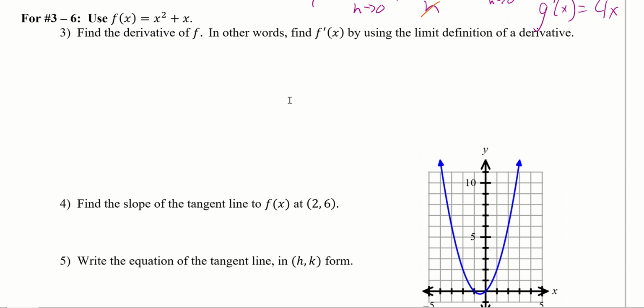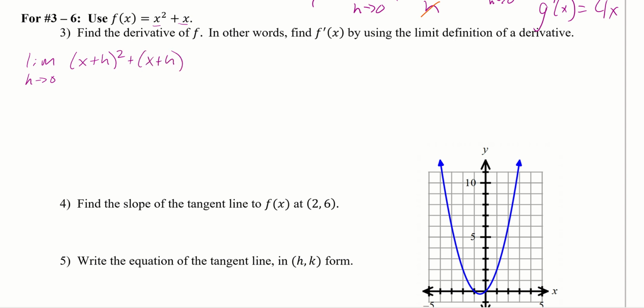It says find the derivative of f, so using the limit definition. So this is going to get a little bit trickier just because we've got multiple x's there. Okay, so everywhere I see an x, I'm going to plug in x plus h to start out with. Squared plus x plus h.